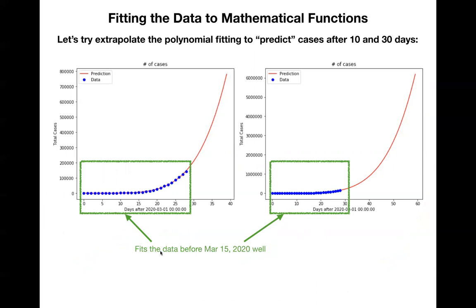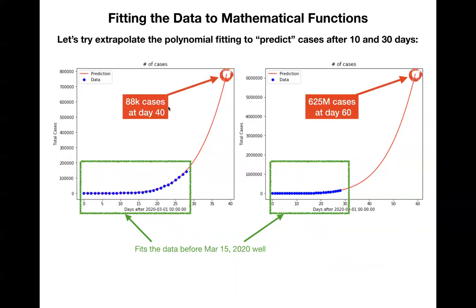You can see that it fits really well before March, no, it's actually not March 15th, it's actually almost the end of March. And now let's extrapolate the data points to predict the total cases at day 40 and day 60. And we got two numbers. One is 88K. The other one is 6 million.